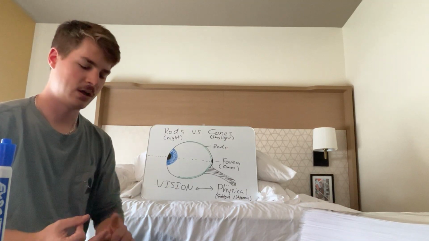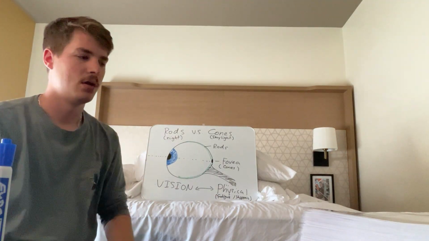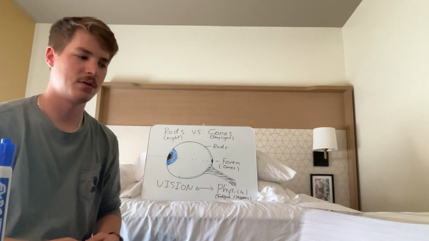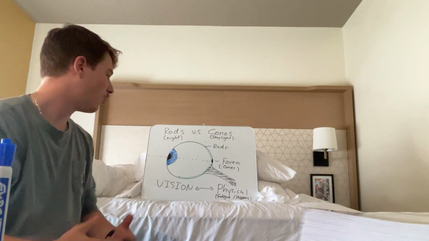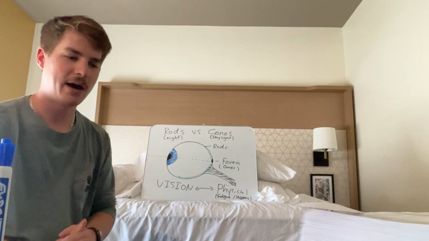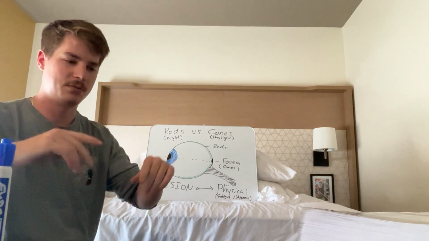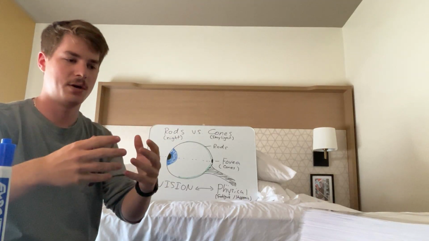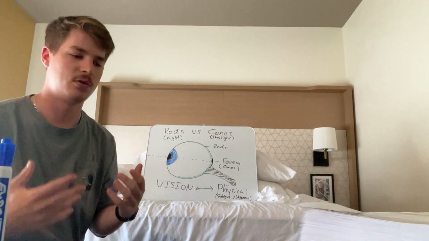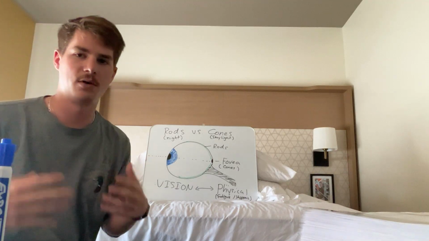Number two, the muscles around your eyes can become strained, making it harder for the muscles to work. And then lastly, the actual processing of the vision from your retina to the optic nerve to your brain is slower, just because you are so tired that your overall processing power of your brain is lower.